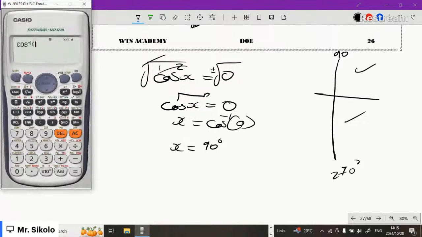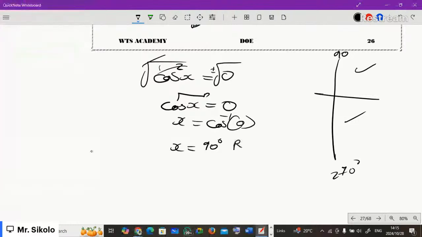Shift cos 0, 90 degrees. Okay, this still is your reference angle. But now since we are solving for x for an interval, this is our first reference angle, and the reference angle is between 0 degrees no 360, so iya qualify kule interval.